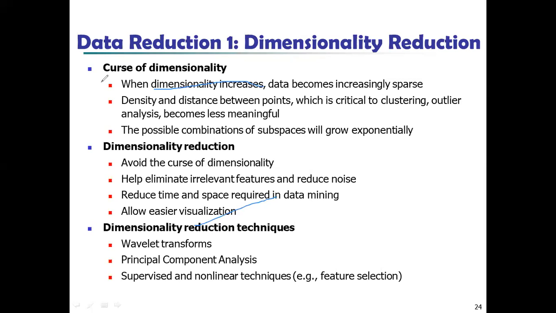In dimensionality reduction, we avoid the curse of dimensionality. For example, irrelevant data, like the past experience of the particular employee. That is, the previous attributes that are there, that type of data you don't need.